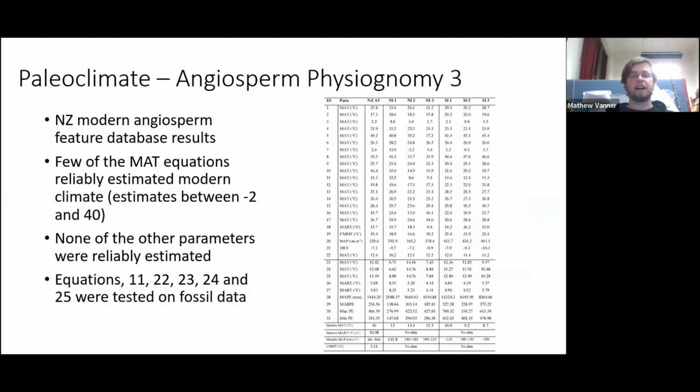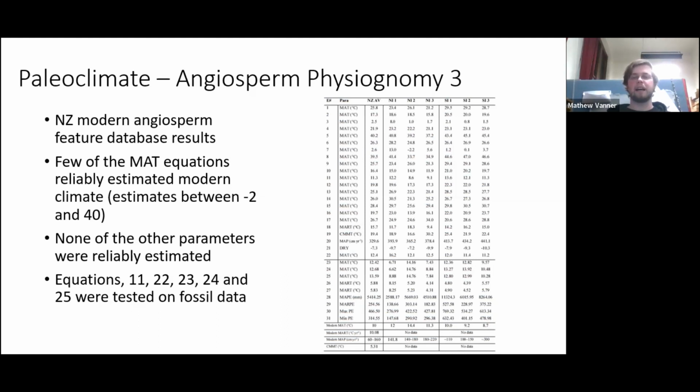And I basically found that I got a mean annual temperature estimate anywhere between something like 2 degrees and 40 degrees for the New Zealand average. So 40 degrees and 2 degrees. Now, wouldn't it be really nice if the modern New Zealand had a mean annual temperature of 40 degrees? We'd all be on fire.